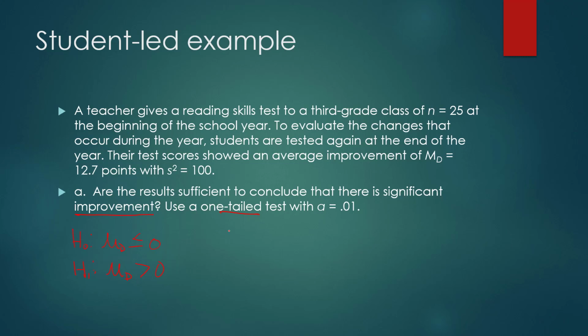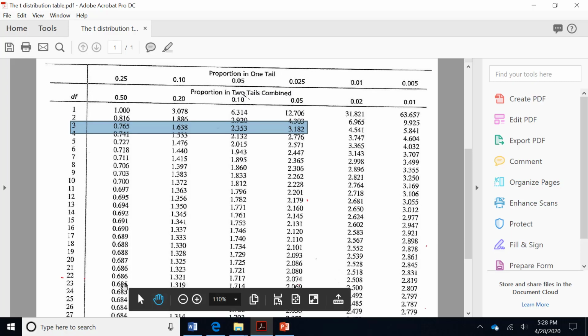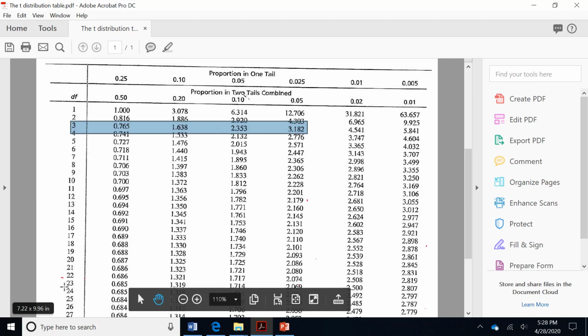We already have our alpha level, an alpha of 0.01 in a one-tailed test. So now we need to get our critical t. If you remember from the example, we had an N of 25. That gives us degrees of freedom of 24.